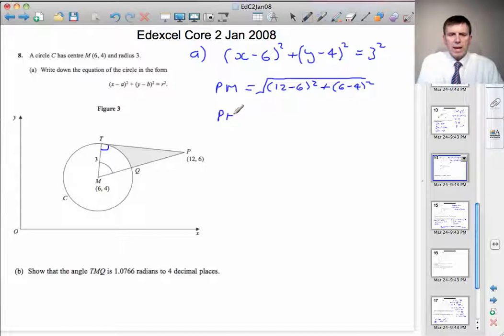So the length PM is equal to the square root of 12 minus 6 is 6, squared is 36. 6 minus 4 is 2, squared is 4, so that's 36 plus 4, which is root 40.